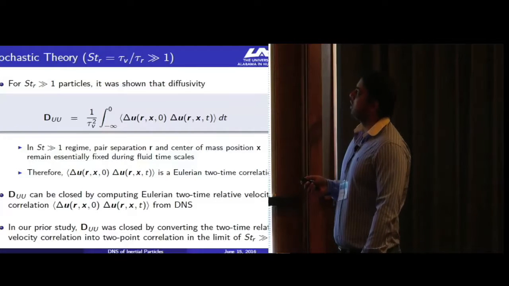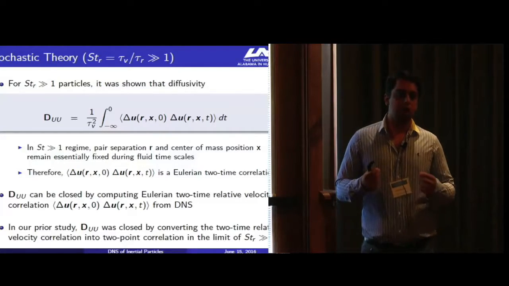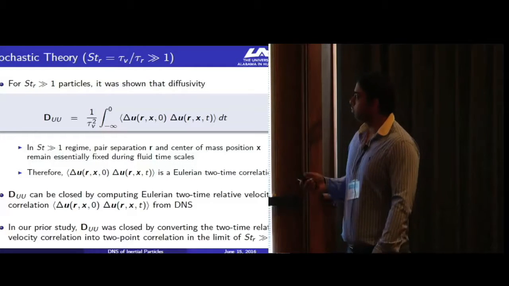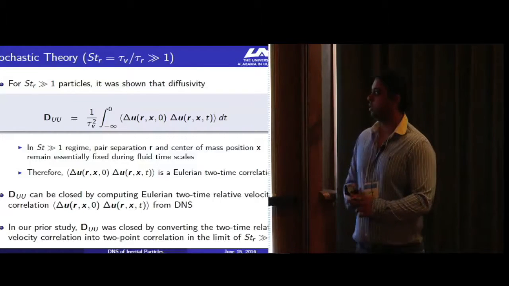And since we are considering very high Stokes number particles, the particles are effectively stationary over the flow timescales. So therefore this correlation is basically the Eulerian 2-time correlation.